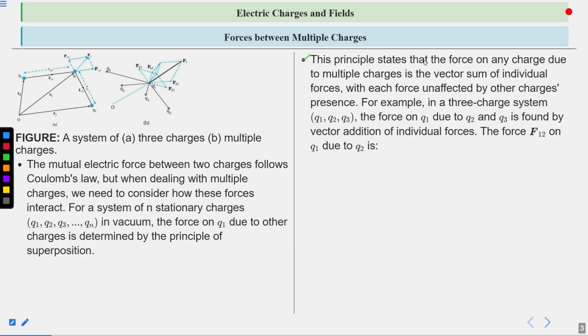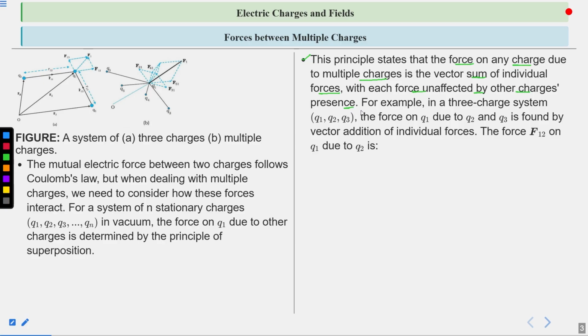This principle states that the force on any charge due to multiple charges is the vector sum of individual forces. This is the statement of the principle of superposition, with each force unaffected by the other charges' presence.